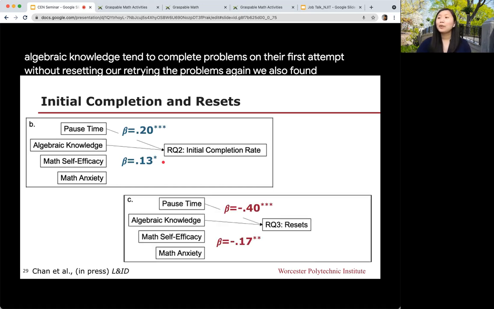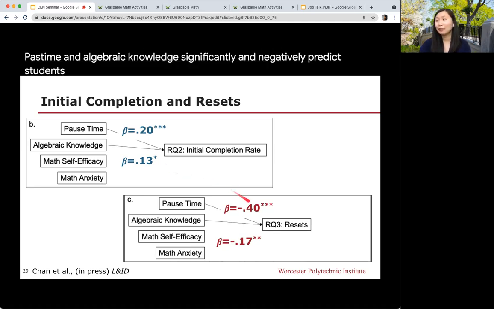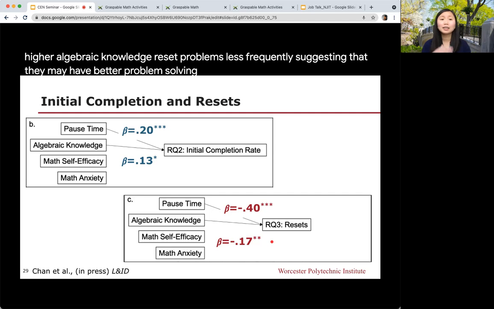We also found that pause time and algebraic knowledge significantly and negatively predict students' reset frequency. Specifically, students with longer pause time or higher algebraic knowledge reset problems less frequently, suggesting that they may have a better problem solving process or strategy to complete problems more efficiently.